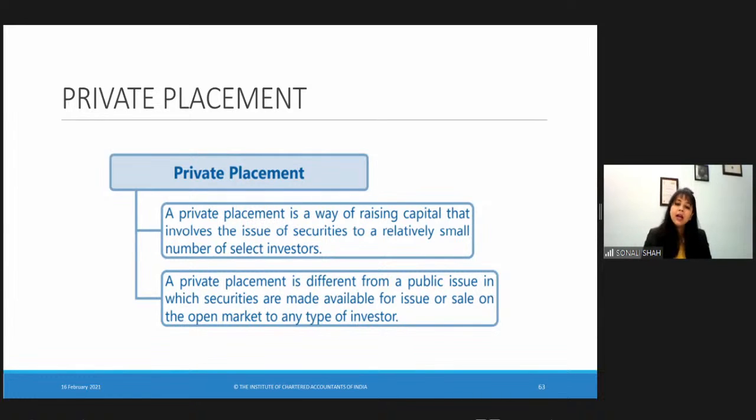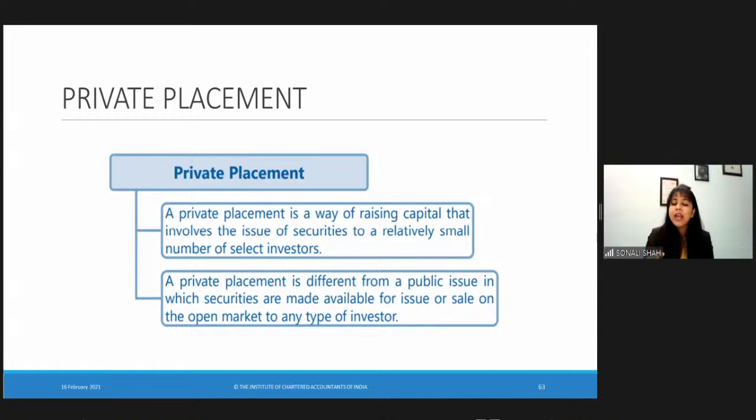Now, the private company, if you remember the definition of private company given in section 2, clause 68, it specifically says that a company which restricts the transfer of its shares. So, when we say it restricts the transfer of its shares, that means such a company will not be able to make a public offer, but it can make personalized private invitations for raising money.